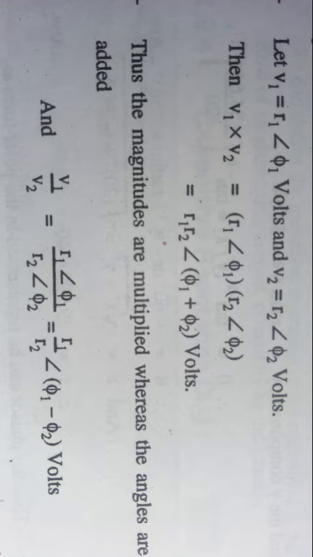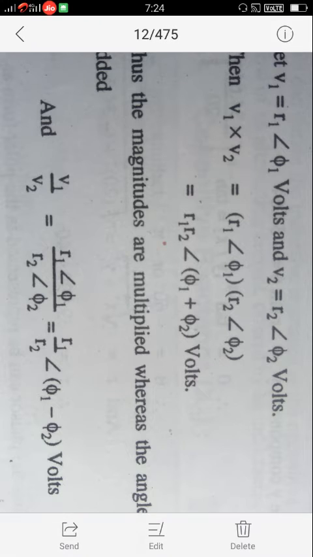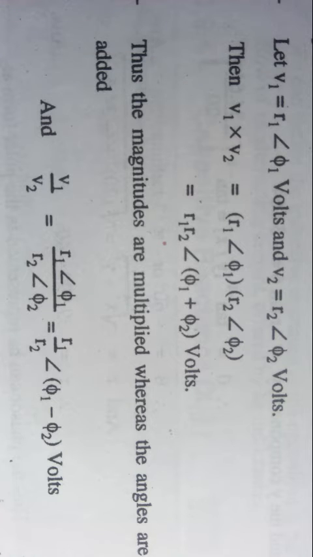Now in the multiplication and division, 2 points should be noted, that in multiplication the magnitudes of r are multiplied and phase angles should be added, and in division the magnitudes of r are divided and the angles are subtracted, and the phasors which are given should be in the polar form.